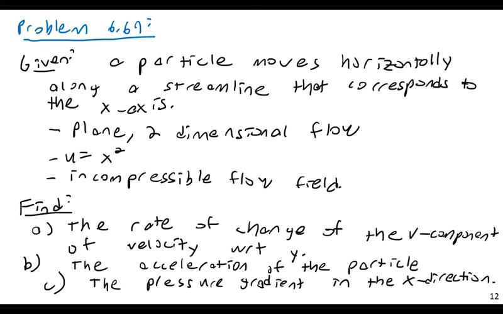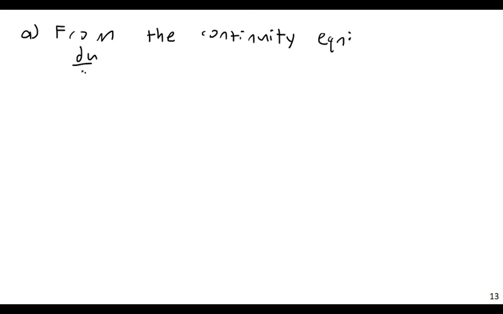All right, so let's work through all these. Part A. From the continuity equation, the partial of u with respect to x plus the partial of v with respect to y is going to be equal to 0.